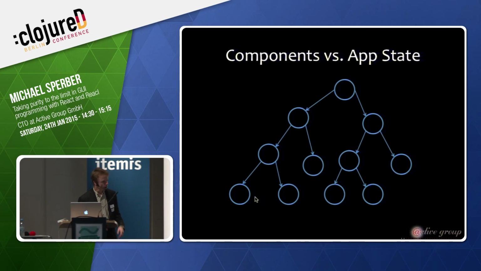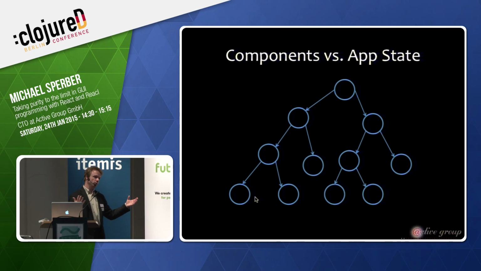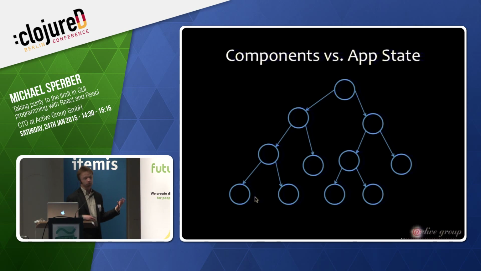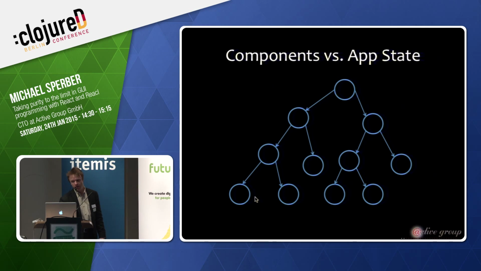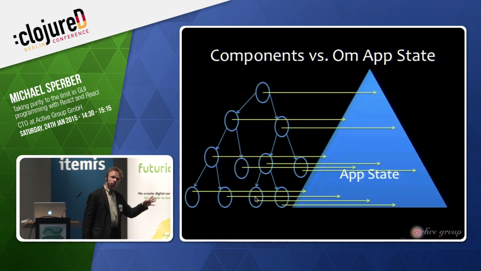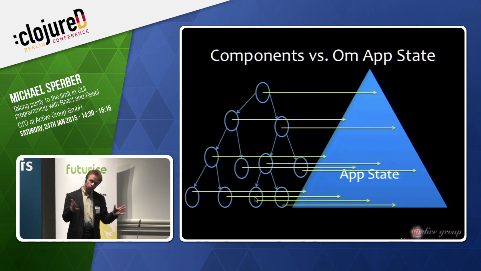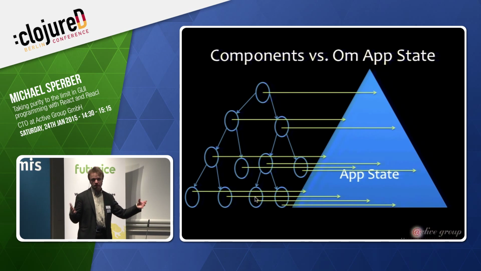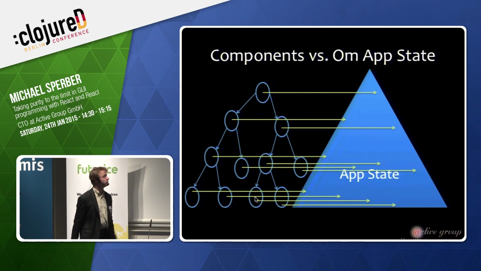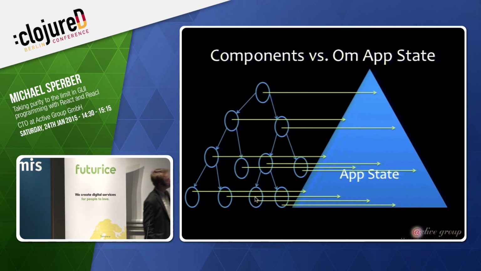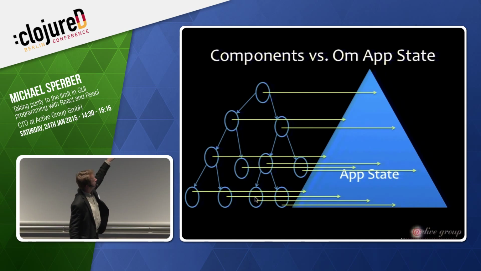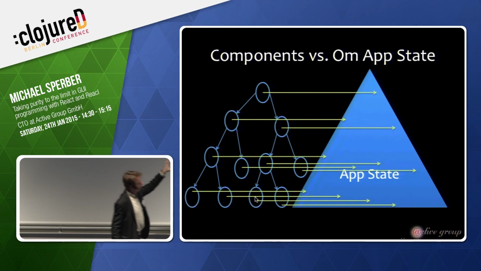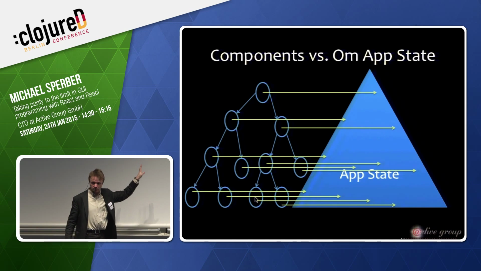So also what it does, it creates a structural correspondence between your app state and your component hierarchy, right? One thing Om does is it gives you a certain style of writing your programs where your entire application state is sitting in one object, and the way Om is set up, it wants your component hierarchy to correspond to the tree structure of your app state.